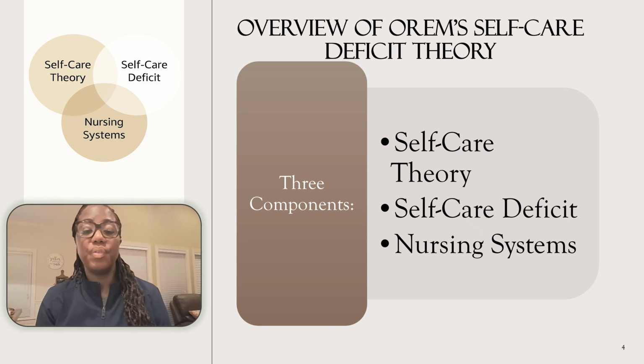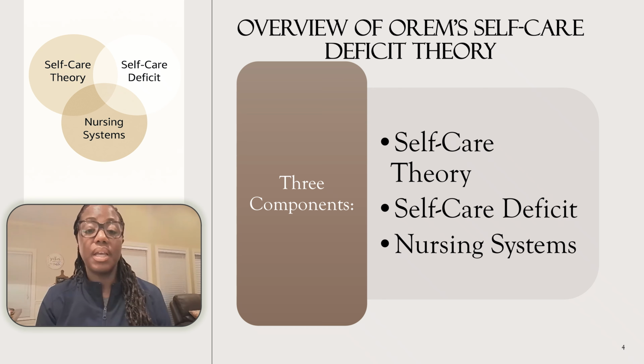Now here's an overview of Orem's self-care deficit theory. The theory explains when nursing care is needed and how nurses can support patients who cannot fully care for themselves. The model has three main components. Self-care theory, which focuses on the patient's ability to meet their own needs.